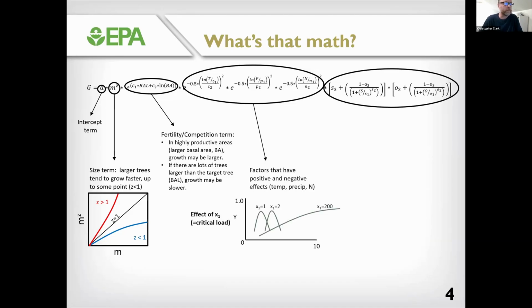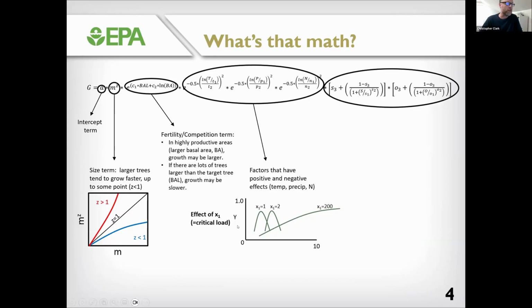The next 3 terms represent factors that we think can have positive and negative impacts on tree growth. So here we have temperature T, precipitation P, and nitrogen N. We use a pretty flexible 2-term Gaussian function that allows for flexibility of that relationship.